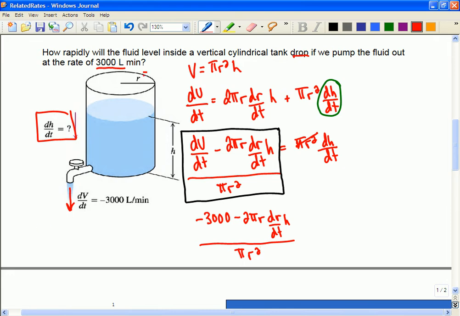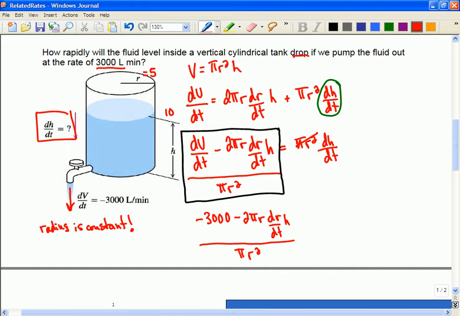Let's just say, possibly it was in the margin and I forgot to write it down. So let's say that the radius was 5, and let's say the height was 10. And let's say the radius is constant as the water level drops.